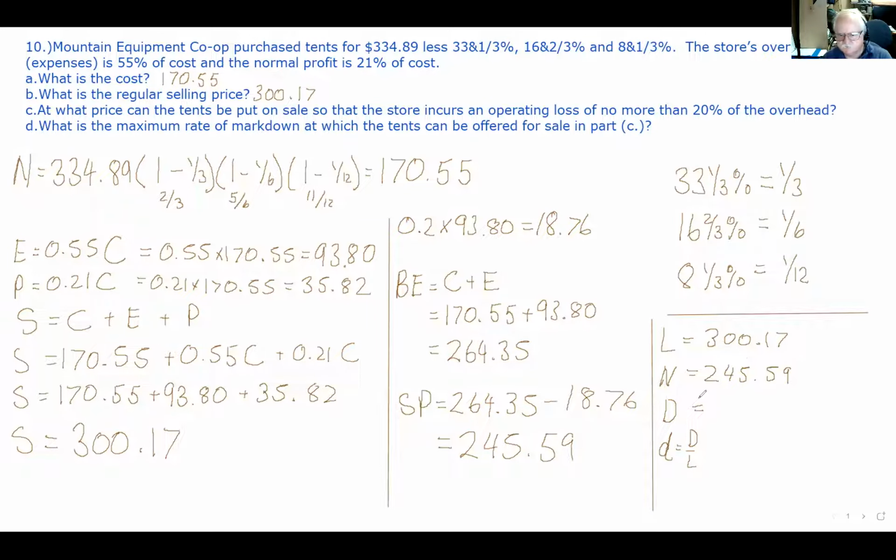So what's the difference between those two? I'm getting 54.58. So this becomes 54.58 over 300.17.